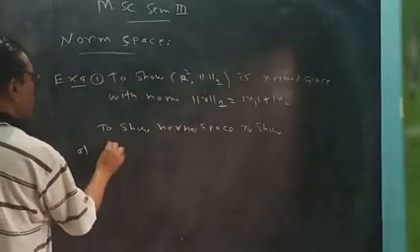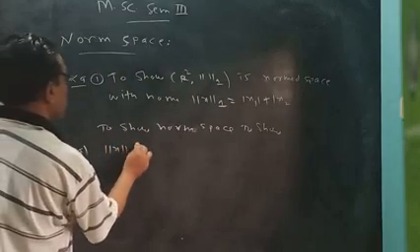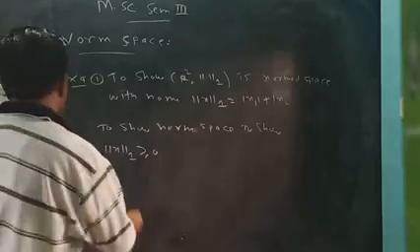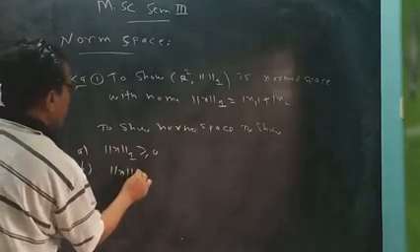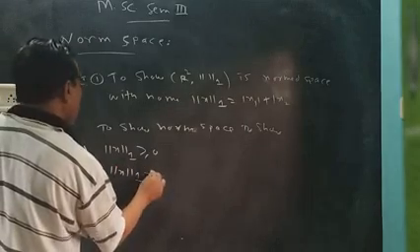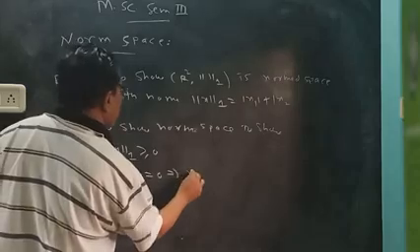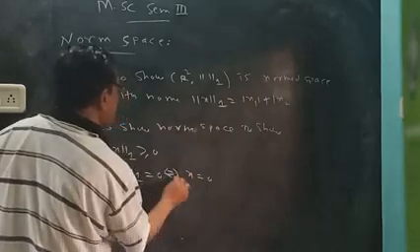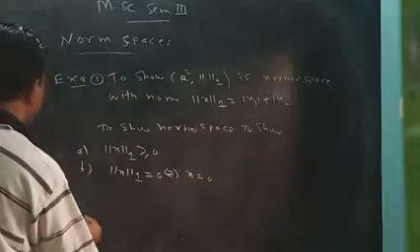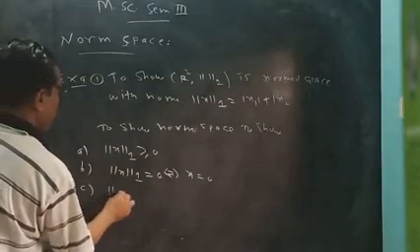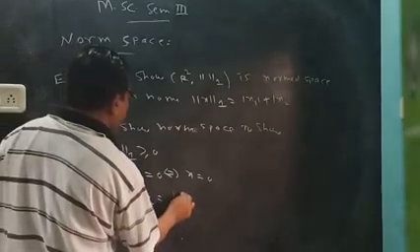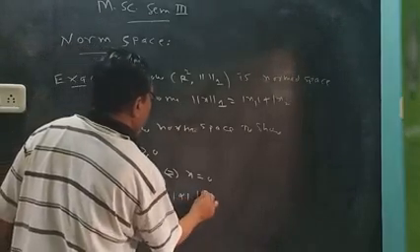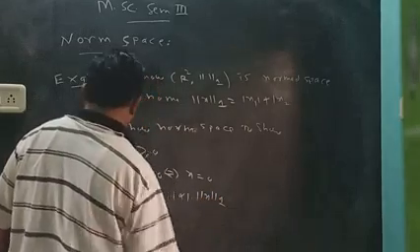What is the first property? Norm must be positive. Second, norm of x equal to 0, then x must be equal to 0 if and only if. Third, norm of alpha x at the 1 is mod of alpha times norm of x at the 1.